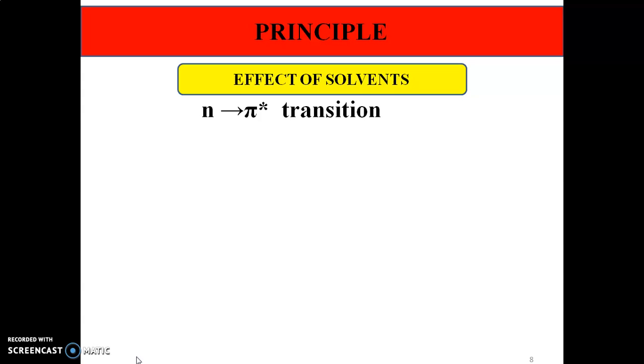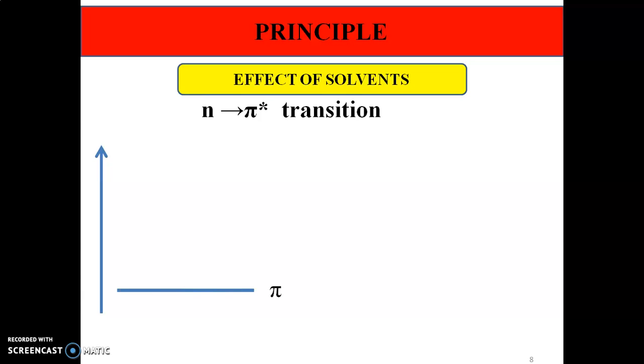First one, n to pi antibonding transition. This type of transition is less intense and is also called the R band. So, the R band, that is the absorption R band, moves to a shorter wavelength by increasing the polarity of a solvent.